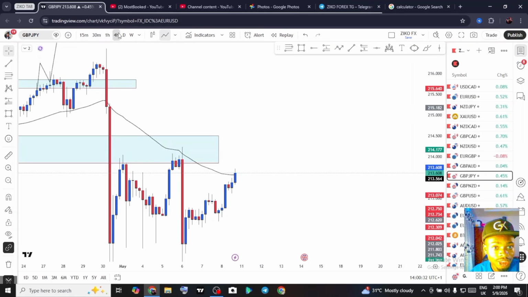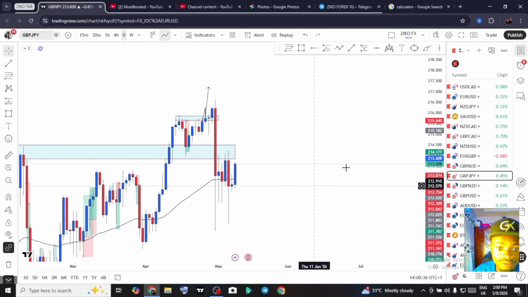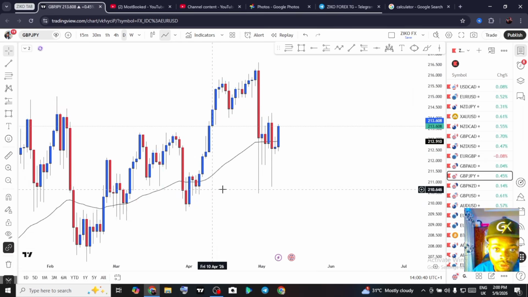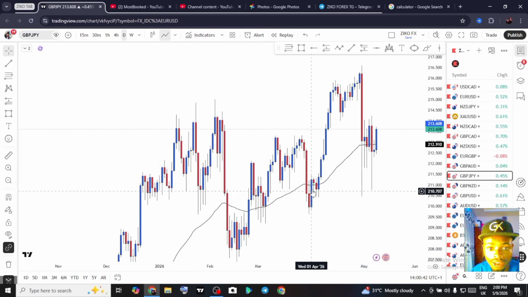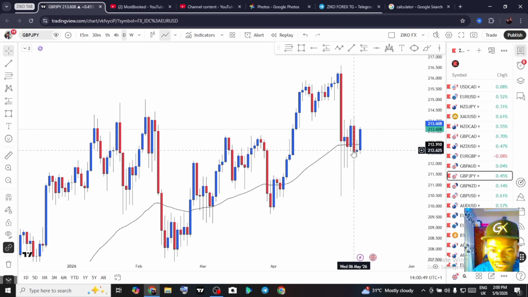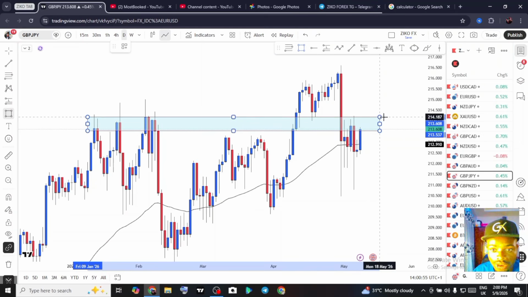GBP JPY next pair. GBP JPY daily time frame is currently bearish because of this low, or you can argue if it's bullish. Okay, it's still bearish actually. Still bearish. The area of interest we'll be using is this one right here.